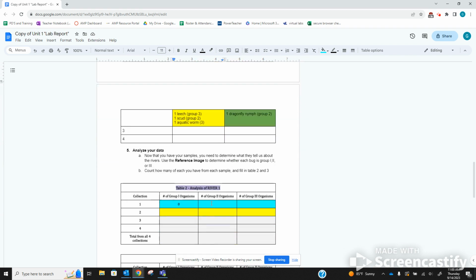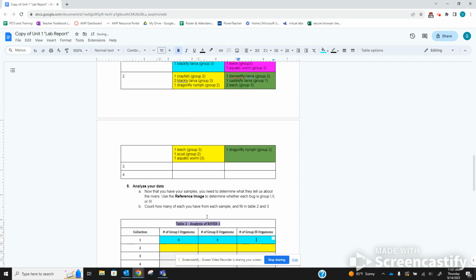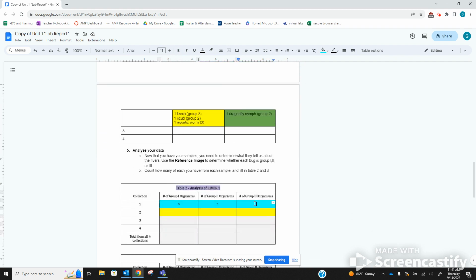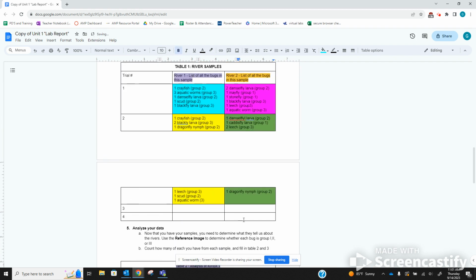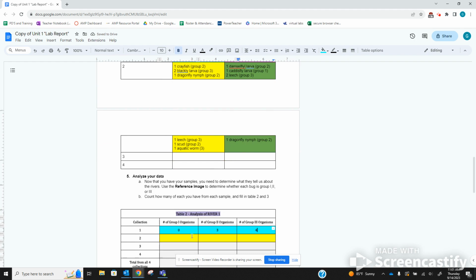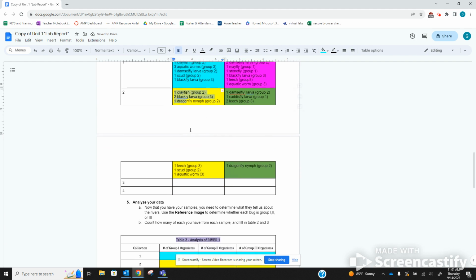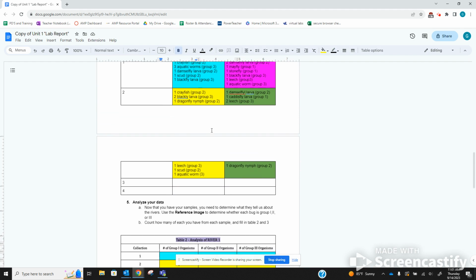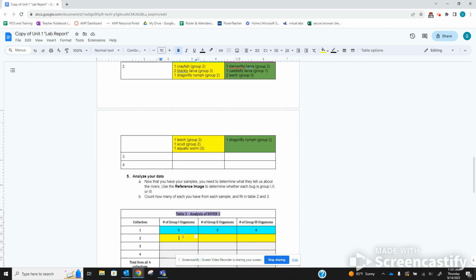Plus this one, I've got 3 actually. I didn't see that one. And for group 3, 1, and then this is 3 of them. So I've got 4 total group 3 organisms here. Okay, and then my next sample comes from here. So I've got, let's see, I don't think I have any group 1s again.